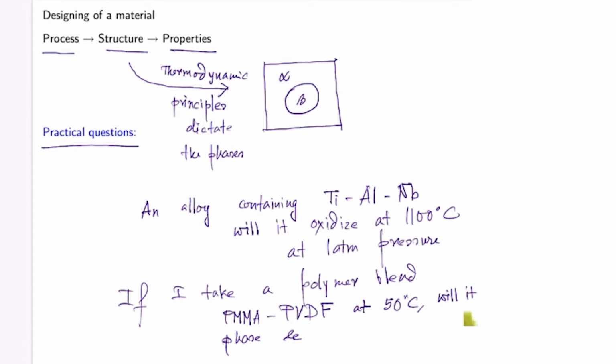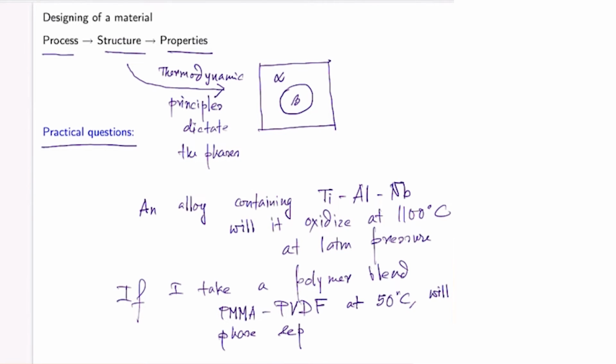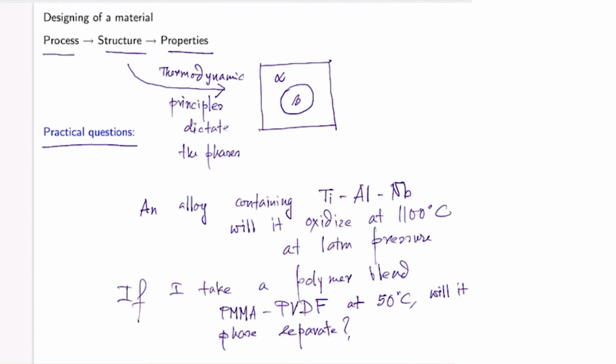That means it will separate into two distinct phases, one PMMA, another PVDF. Such information can only be obtained if we apply the thermodynamic principles that I am going to teach in this course.